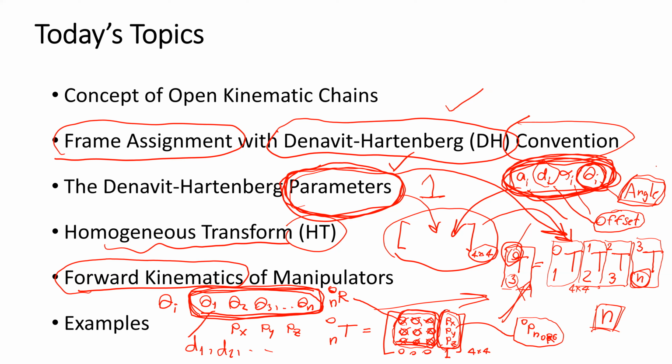It seems like if joint 1 rotates by theta 1 degree, maybe joint 2 is a linear actuator and it translates with the offset d2. If joint 3 is the revolute joint, we can obtain the final position at the end point. This is the goal for our class today.